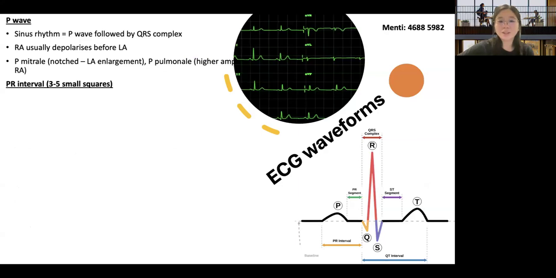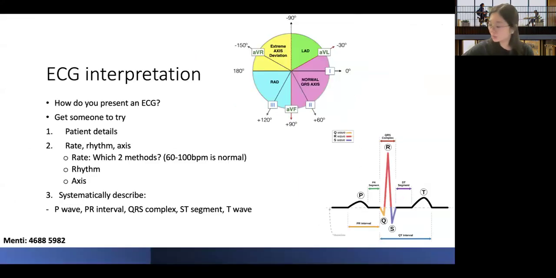But if you want to think about the theory behind all of that, then you would look to this diagram. So if 1 and AVF are both positive, that's normal. And if AVF is negative, but this is positive, then you would look here instead, towards left axis deviation and so on.